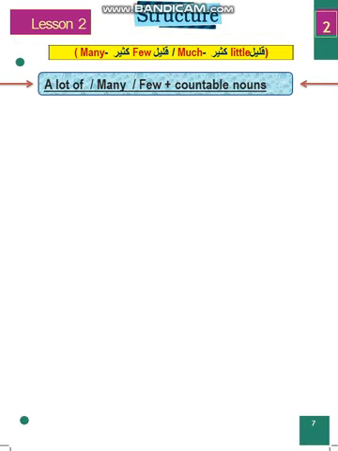Countable nouns means nouns that have singular and plural. Good. Like what? Right. Books. Girls. Men. Children, and so on. Good.